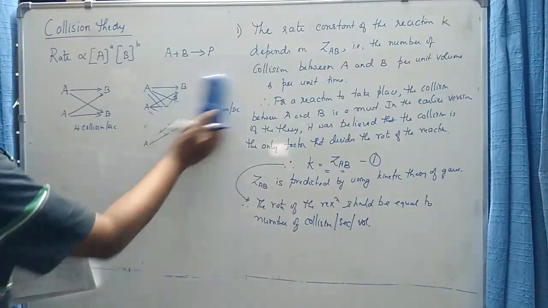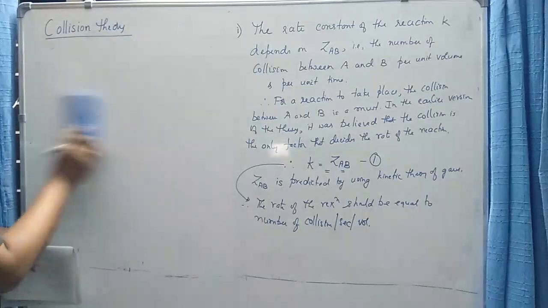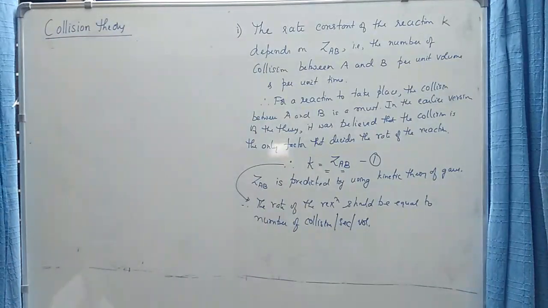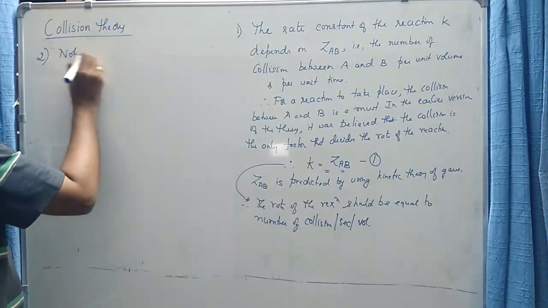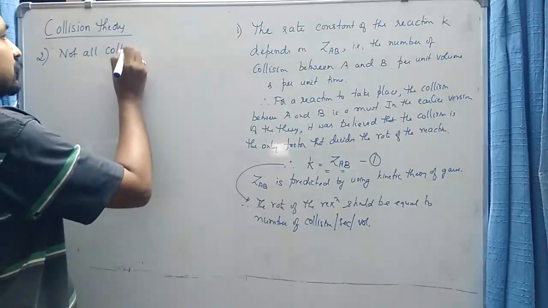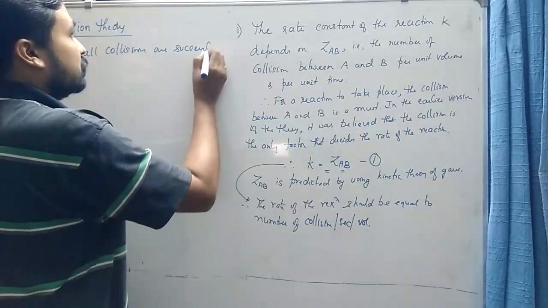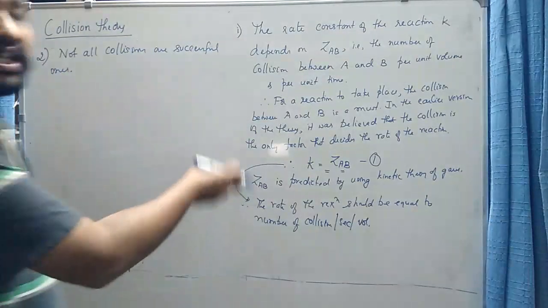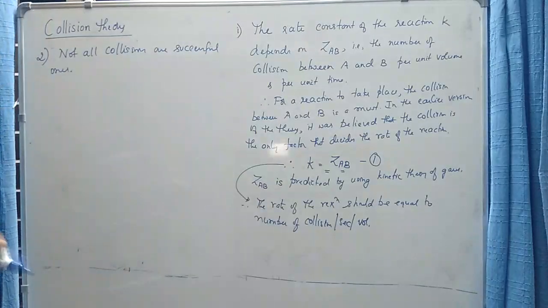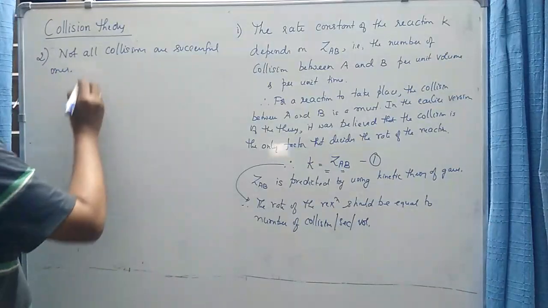Now what modification they made to this theory or model is, they assumed that not all collisions are successful ones. Out of ZAB number of collisions, only few can be considered as successful collisions. So how to consider which are successful ones?